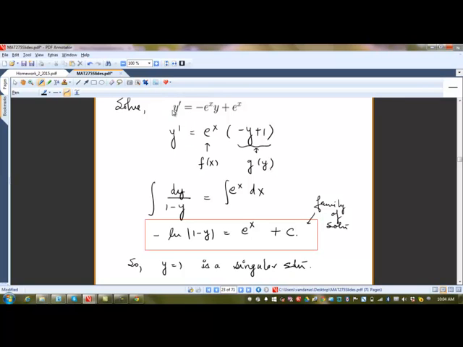What actually is happening at y equals 1, if you geometrically try to see in the differential equation? What is y prime at y equals 1? y prime is 0, right? So where the derivative is 0, what does that mean?